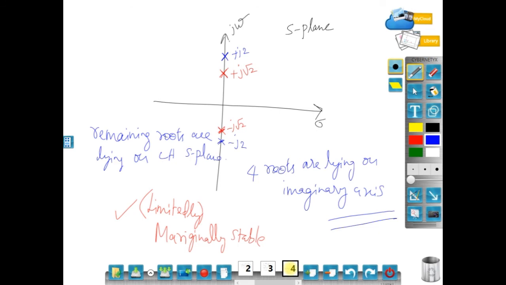I mean totally 6 roots are available. We are having s power 6 equation, right? So the possible number of roots are 6. 4 roots are lying on imaginary axis, remaining means 2 roots are lying on left half of S-plane, 0 roots, I mean no roots are lying on right half of S-plane. This is the solution for this problem.